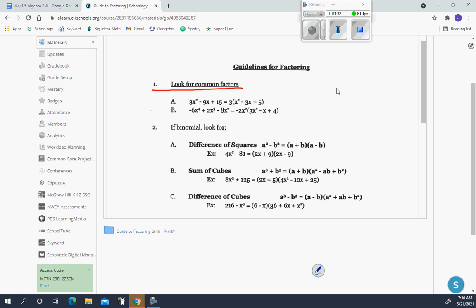Well, what's left with 3x squared? Just the x squared. Took out a 3 from negative 9: negative 9 divided by 3 is negative 3. And 15 divided by 3 is just 5. So in any situation, look for common factors and then take it out.